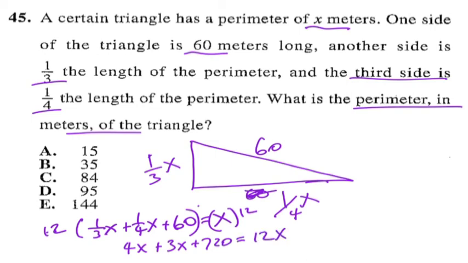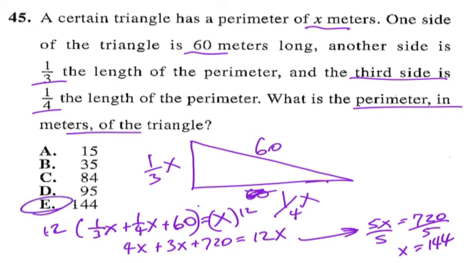All right, so I have 7x, minus that gives me 5x, taking it over to here, is equal to 720. And divide by 5, and 720 divided by 5 is 144, making x equal to 144, or E is the answer for 45.